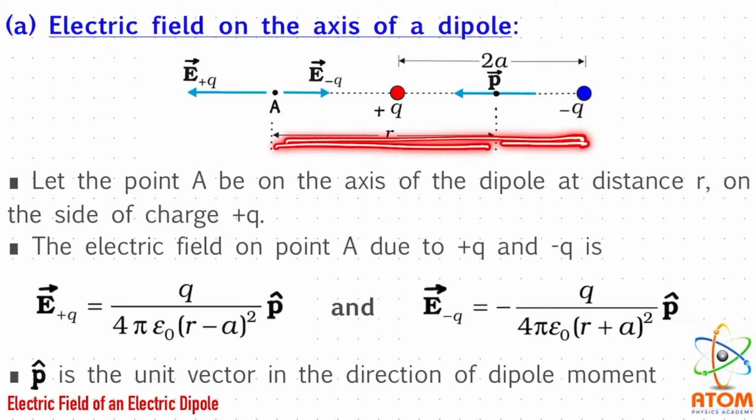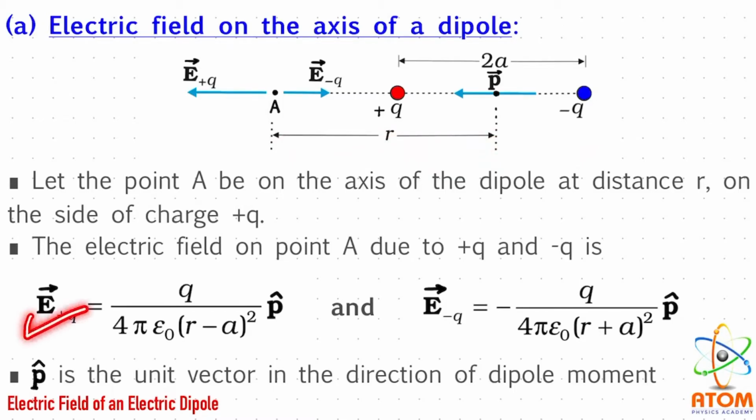According to that, the electric field of the positive q charge, E positive q, will be q upon 4 pi epsilon 0 (r minus a) whole square p cap, and for the negative charge, E negative q will be minus q upon 4 pi epsilon 0 (r plus a) whole square p cap.